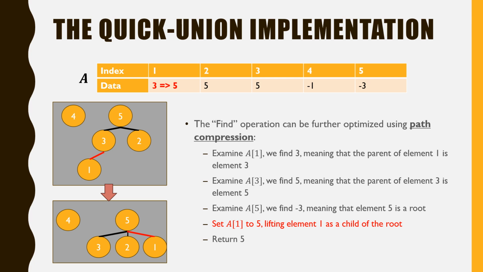To speed up future lookups, we update A1 to 5, making element 1 a direct child of the root element 5. After this update, the root element 5 has 3 direct children, elements 1, 2, and 3. By making the tree shallower, path compression significantly reduced the cost of future find operations.